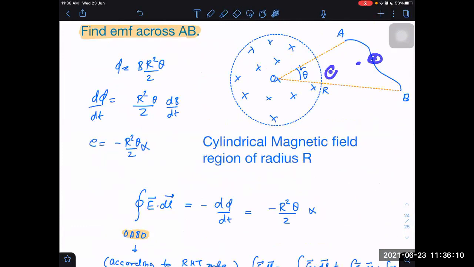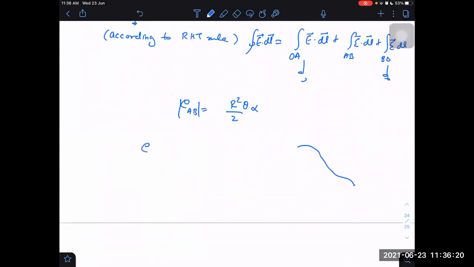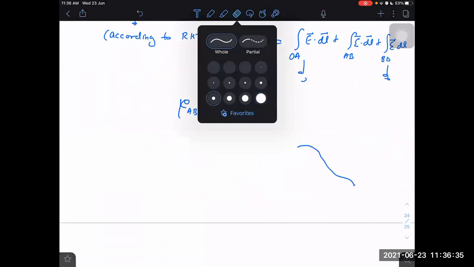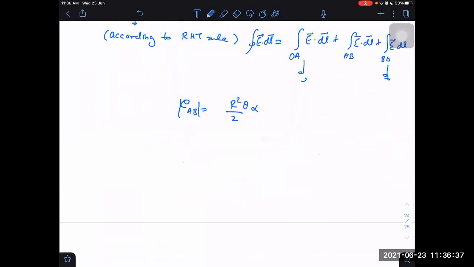Induced in dot direction. Dot direction means it will try to send it in this direction, upwards. So A will become positive, I think, and B will become negative. So potential at A is higher than at B. At A we are getting positive potential as compared to B. If I want to make the equivalent diagram, A, B, here plus, here minus, is it right or not?